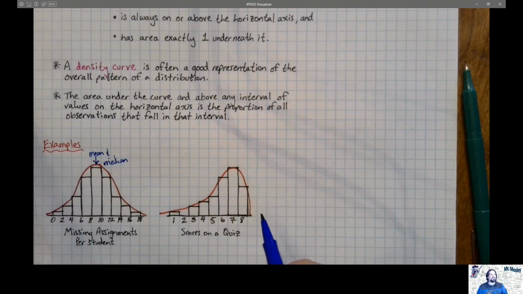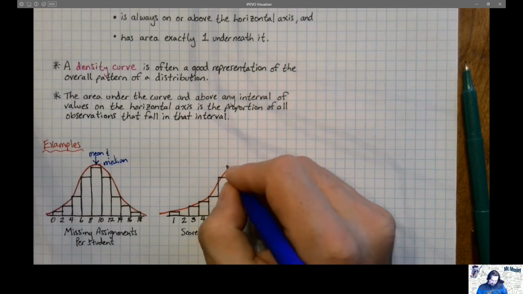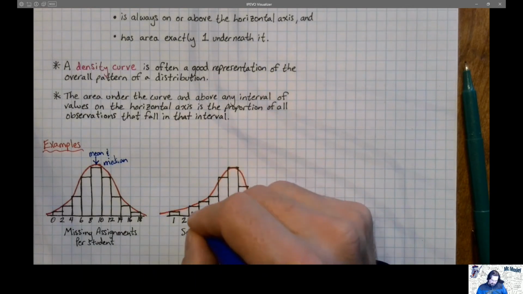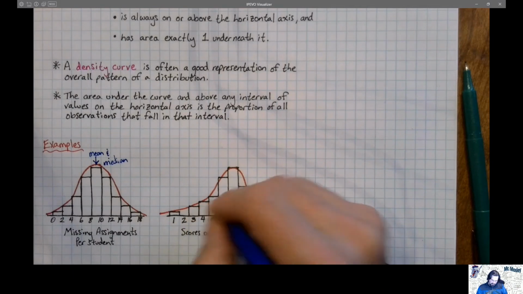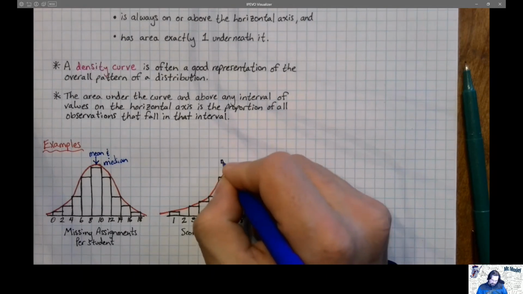Half of 17 is 8.5. So if I go 1, 2, 3, 4, 5, 6, 7, 8, 8.5, there's 8. So my median will be about right here.